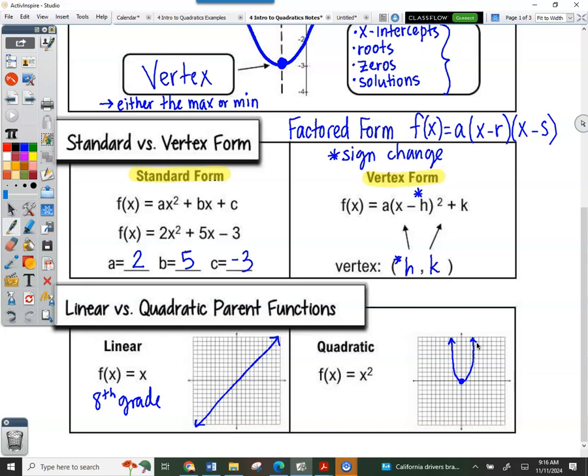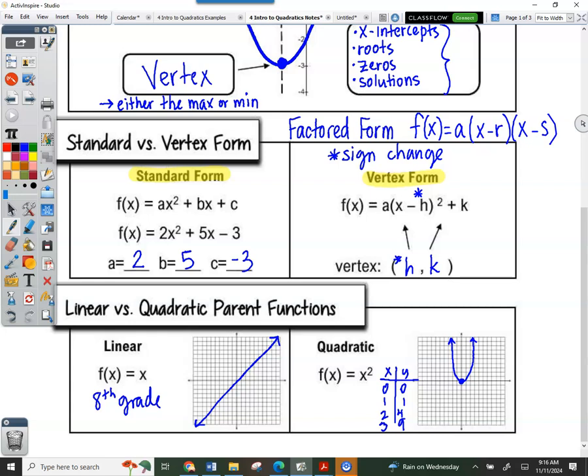But technically, your T-chart, like if you think about it, your X and your Y, 0 is 0, 1 is 1, but 2 is 4, 3 is 9, and so on. Okay, so this is our mother function.